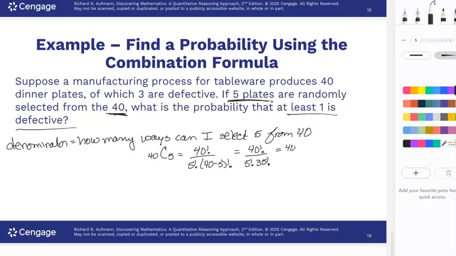So this would be 40 times 39 times 38 times 37 times 36 times 35, and we would keep going, 35, 34, 33, 32, 31, and so on, which is the same thing as 35 factorial. And notice I would stop there because I've got a 35 factorial in that bottom. And they're going to cancel. And then 5 factorial is 5 times 4 times 3 times 2 times 1.